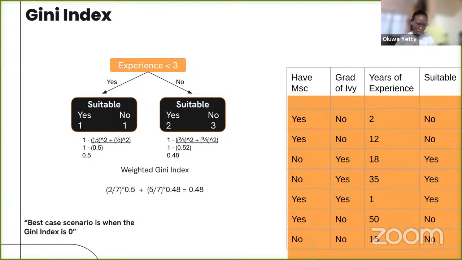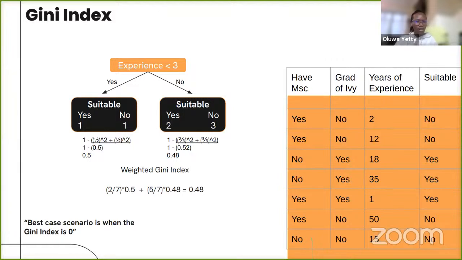And someone says 0. Someone says 0.34. Babalola, do you want to unmute and tell us how you got that? You didn't add it. Okay. All right. That's all right.